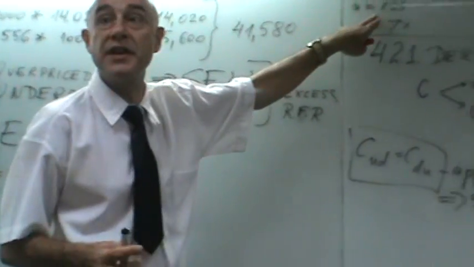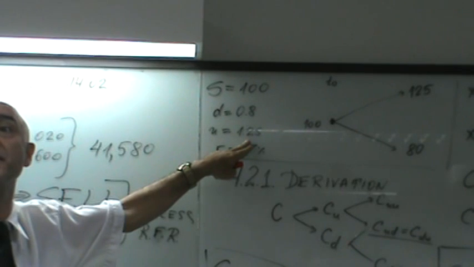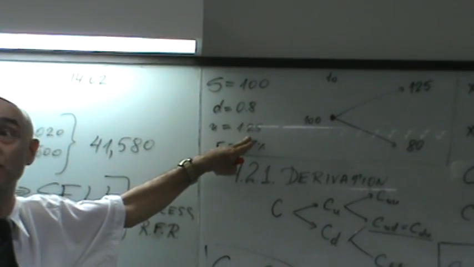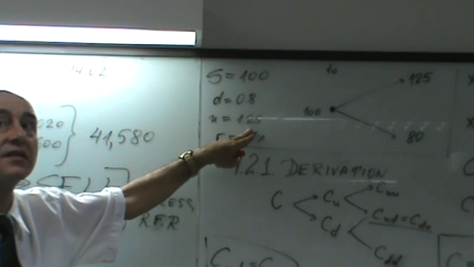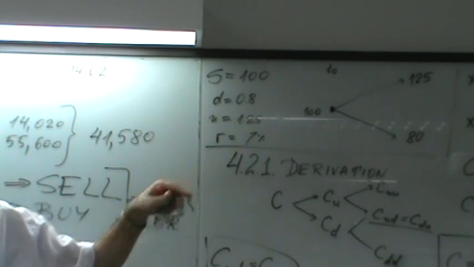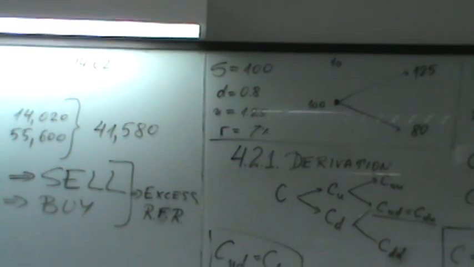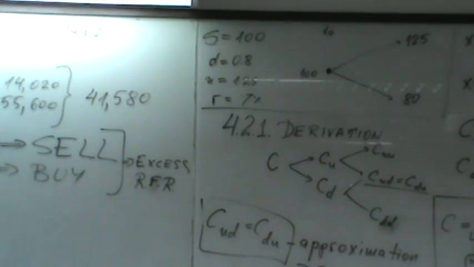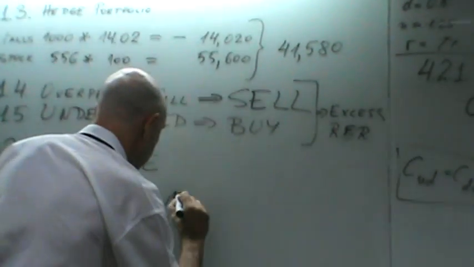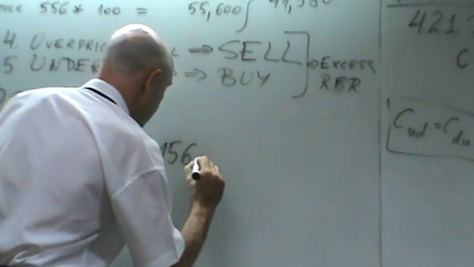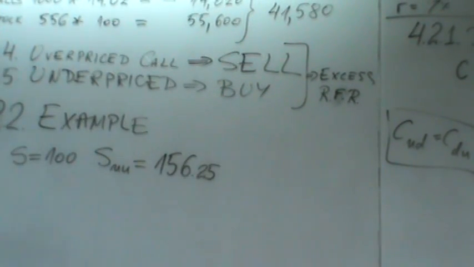SU is 125, and 125 times 125, calculator, is... 125 times 125, what is it? Come on, guys. 156.25.